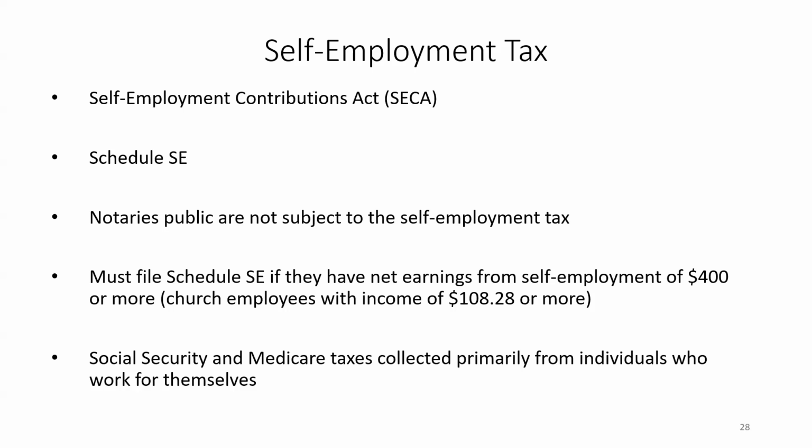Self-employment tax is for someone who is self-employed. They'll have that Schedule C as in Charlie. They report their income and their expenses on their Schedule C, and the software will automatically generate self-employment tax if they have self-employment income of $400 or more. That's the general rule. And that will be an additional tax.